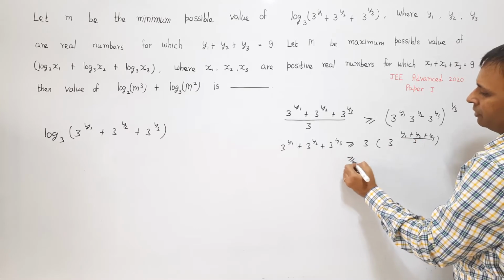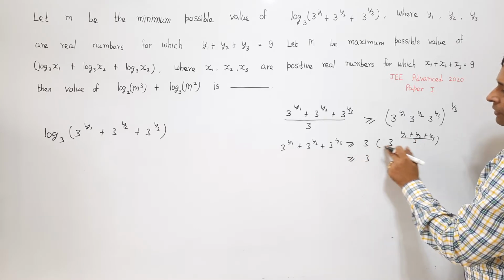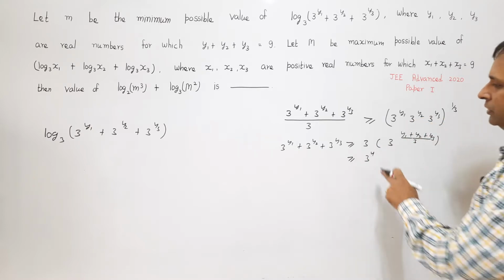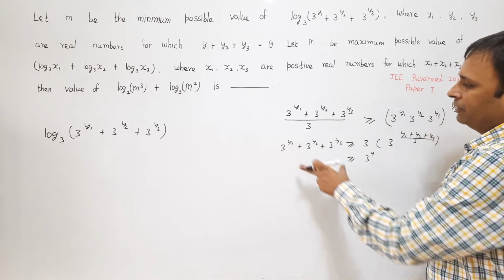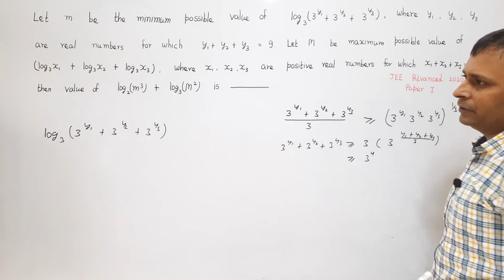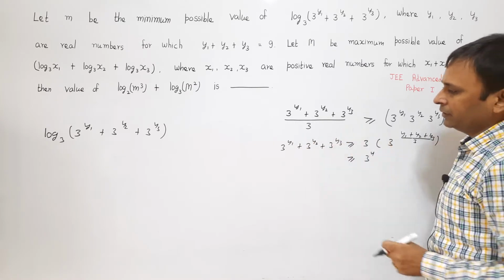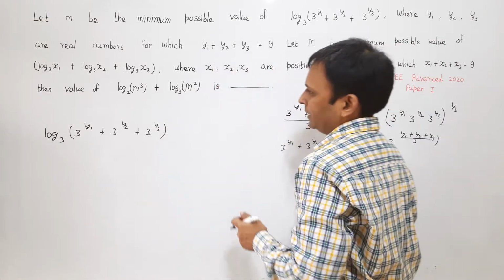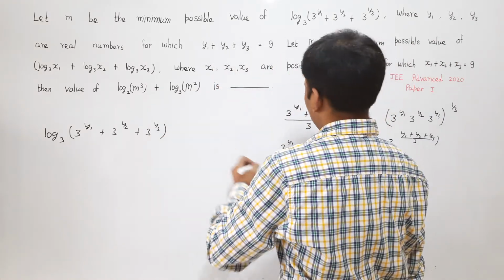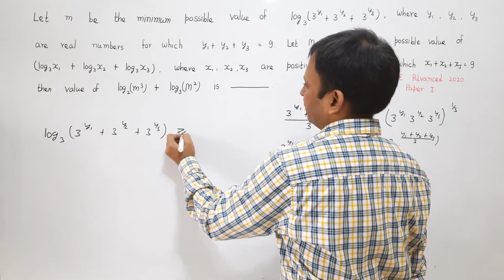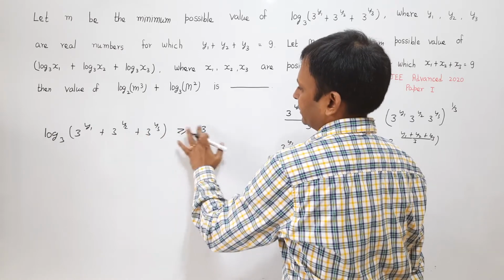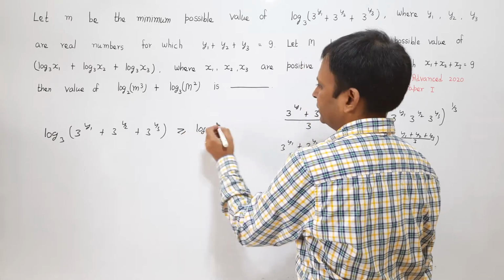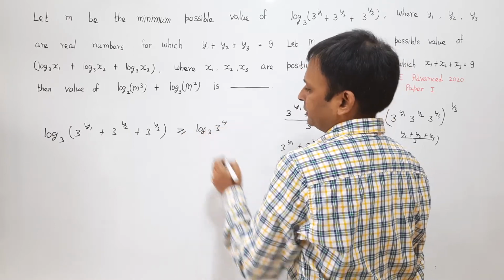So this value is always greater than or equal to 3 to the power 3 into 3, which is 3 to the power 4, which is the minimum possible value of this particular expression, 3 to the power y1 plus 3 to the power y2 plus 3 to the power y3. So I can say that this value will always be greater than or equal to log of this value, because there is a log sign here, which is 3 to the power 4 with the base 3.